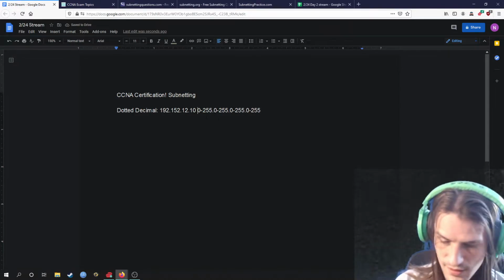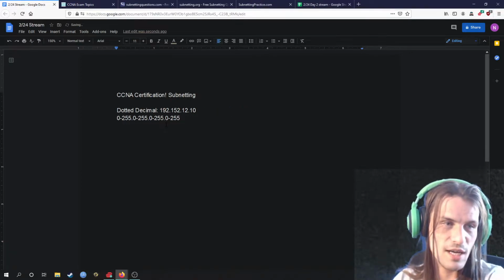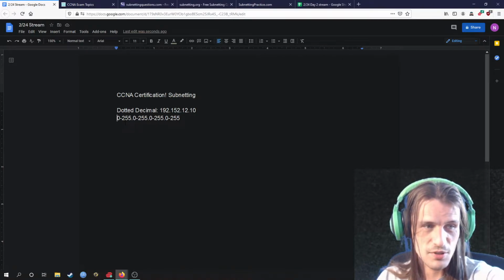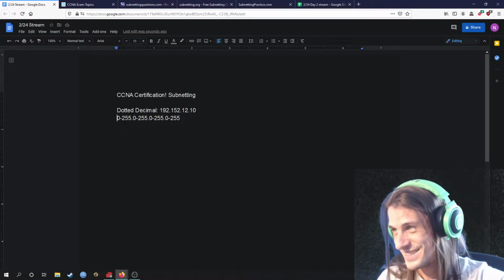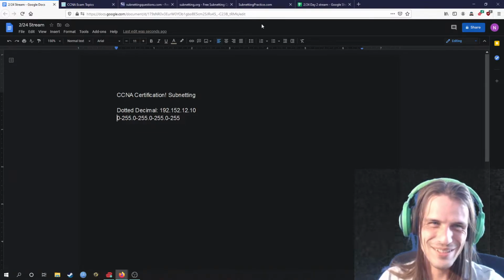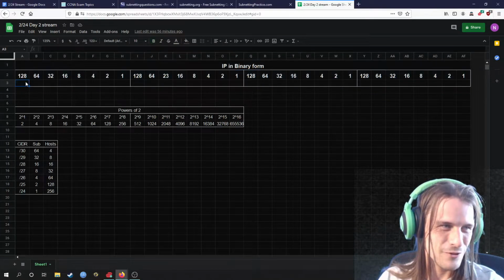This is the possibility of an IP, right? It can be any number 0 through 255, dot any number 0 through 255, dot any number 0 through 255, dot any number 0 through 255. Wow, come on, Nate. Hopefully that's not confusing.